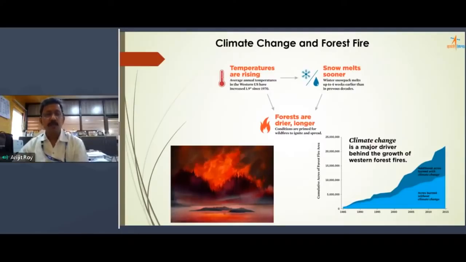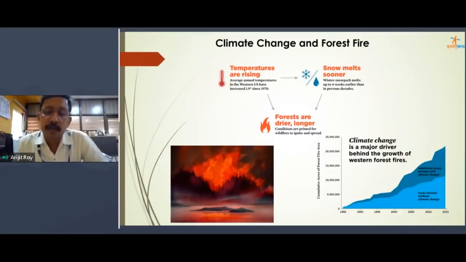Because what we see is that temperatures are rising across the world, especially in the northern hemisphere. In the Arctic and subarctic regions, the snow is melting sooner. The forests are drier for a longer period of time, which provides the conditions apt for wildfires to ignite and spread.